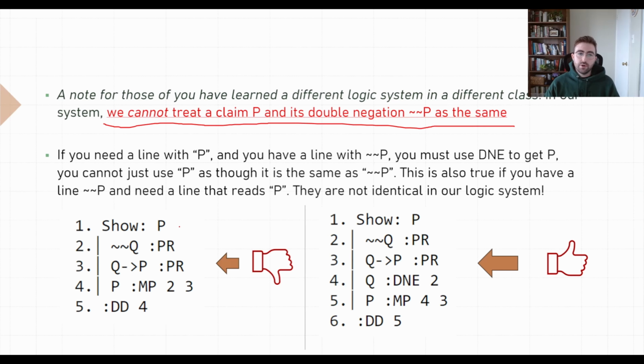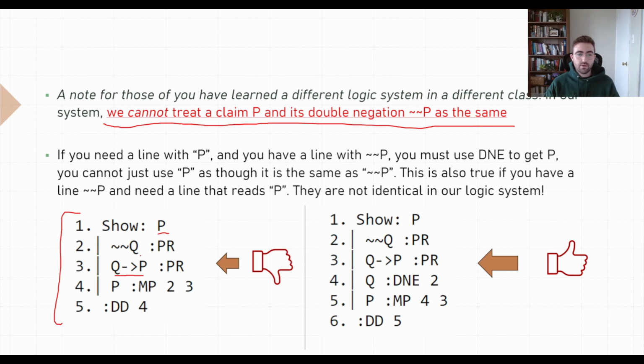So for example, for this example here, you'll notice we want to show P. You'll note that you have not not Q, and you want to use if Q then P to get P using modus ponens.